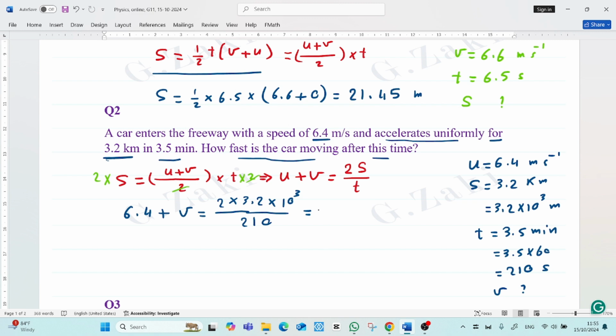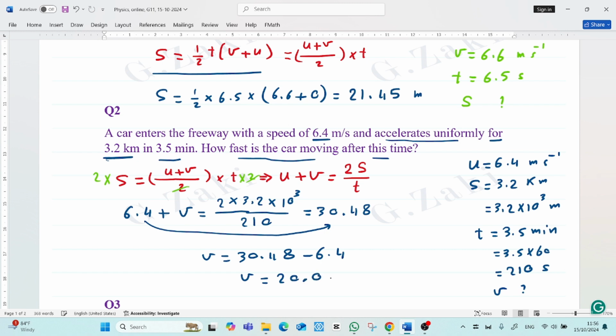The answer is 30.48. I round the answer to two decimal places. How can we get V? Just shift 6.4 to the other side. Then V equals 30.48 minus 6.4. 20.08. The unit of velocity is meter per second.